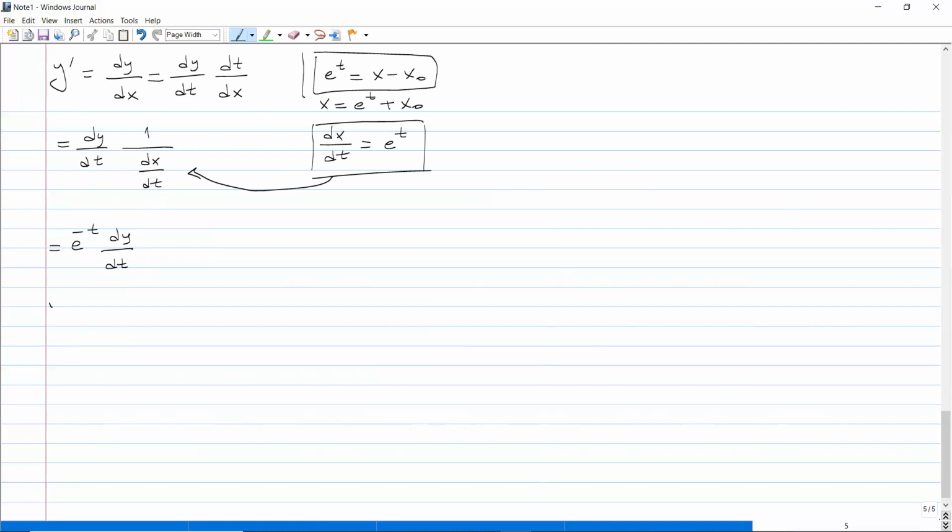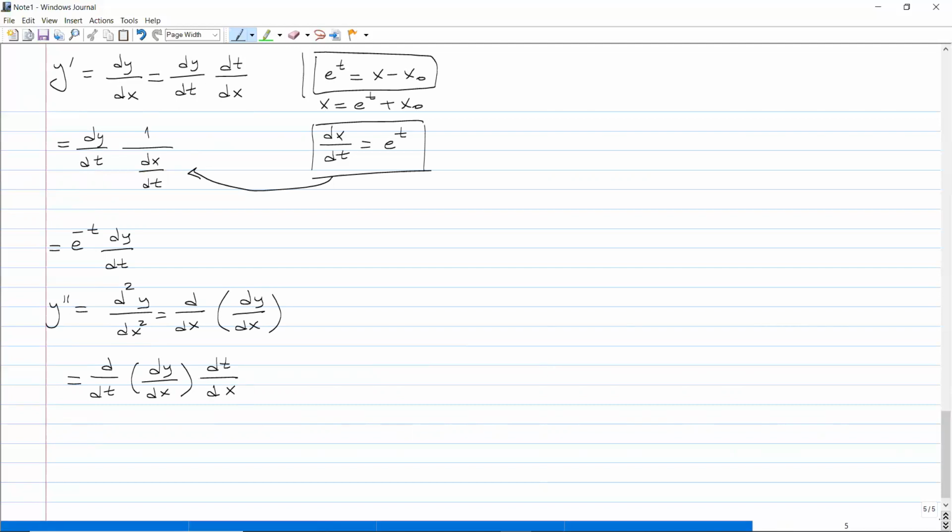Now, we also need the second derivative. Remember, second derivative means second derivative of y with respect to x. So derivative with respect to x of the first derivative with respect to x. So again, by chain rule, it means derivative with respect to t of this first derivative times derivative of t with respect to x.